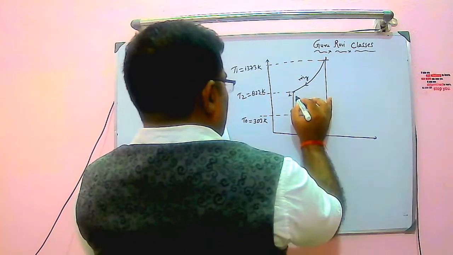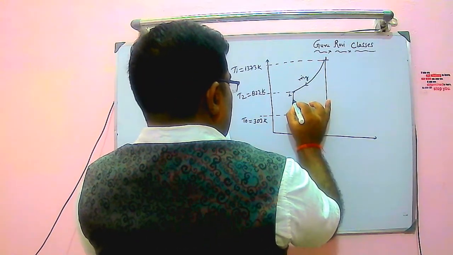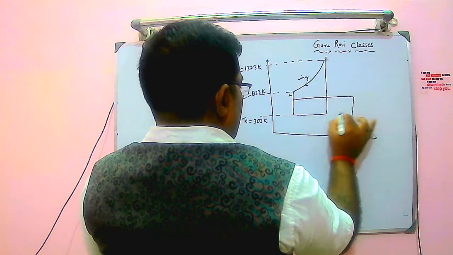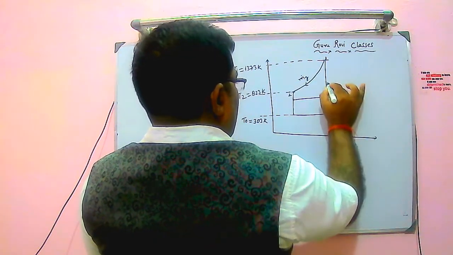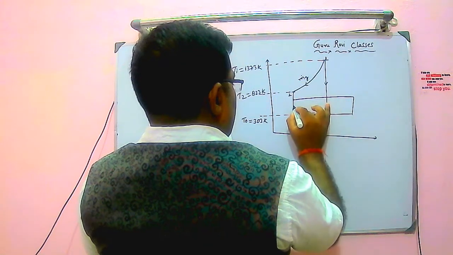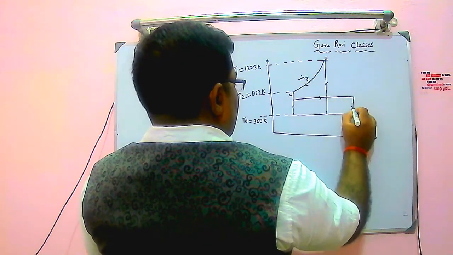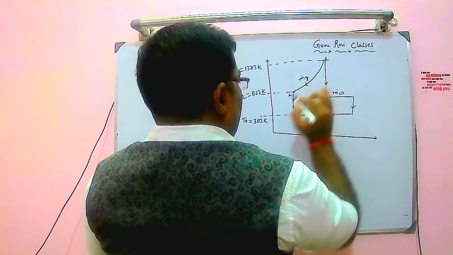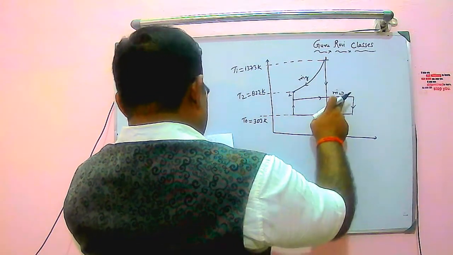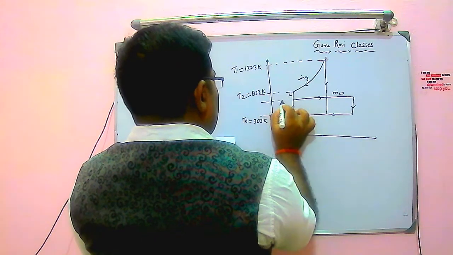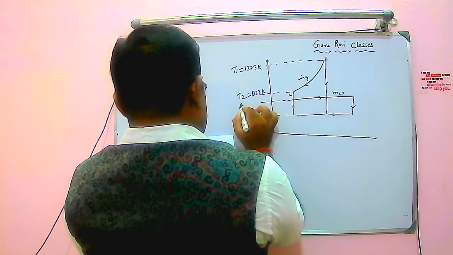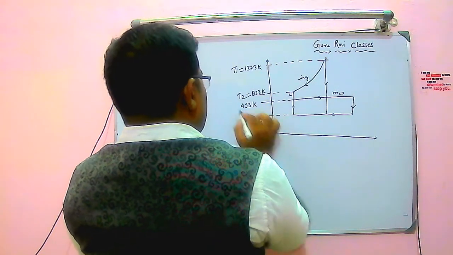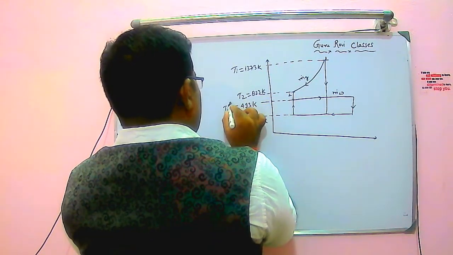Now, water is evaporating here. So one cycle is this, another cycle is this. Here is the mass flow rate of water, and that is evaporating at this temperature, given as 493 Kelvin. I will say this as T1 dash.